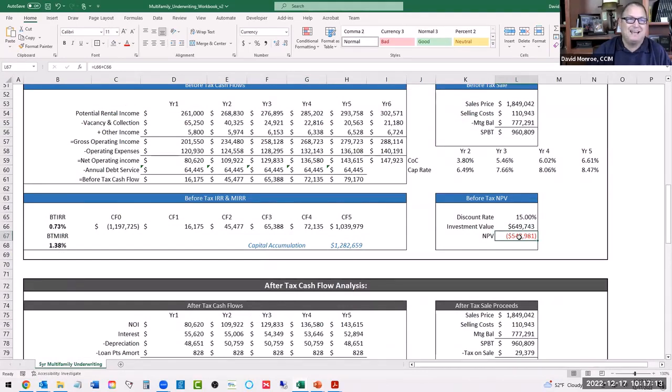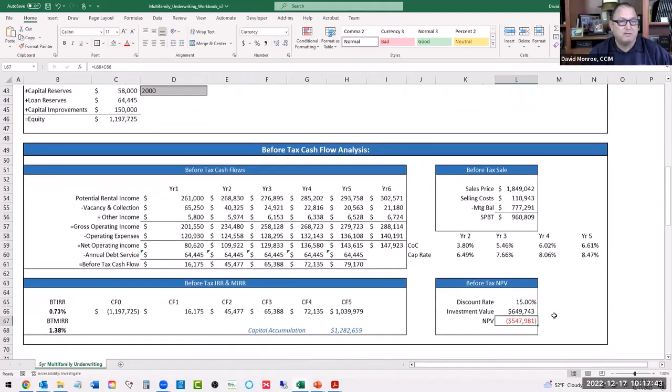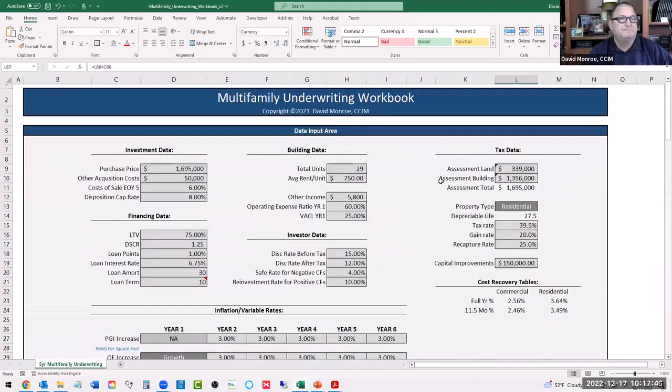In this case, it is negative, which means that, if my numbers are right, and I'm assuming these cash flows based on my assumptions, current year one, and then my assumptions from year 2 through 6, we always look at year 6 to sell in year 5, then I have to pay $547,981 less than the asking price in order to achieve a 15% internal rate of return. That's what net present value does for you, okay? So that's a little visual of what you guys didn't see when we were doing the definitions and acronyms.